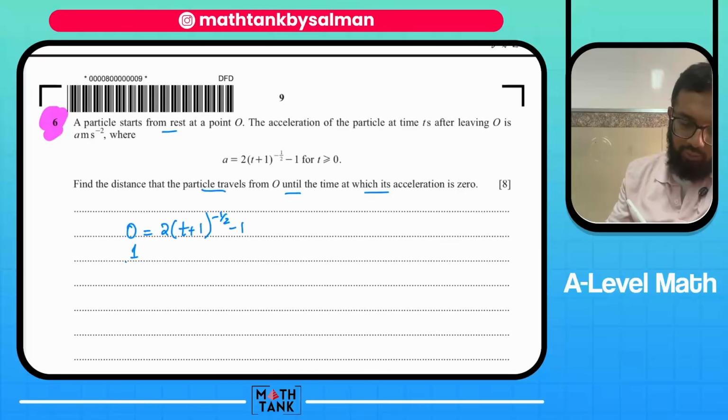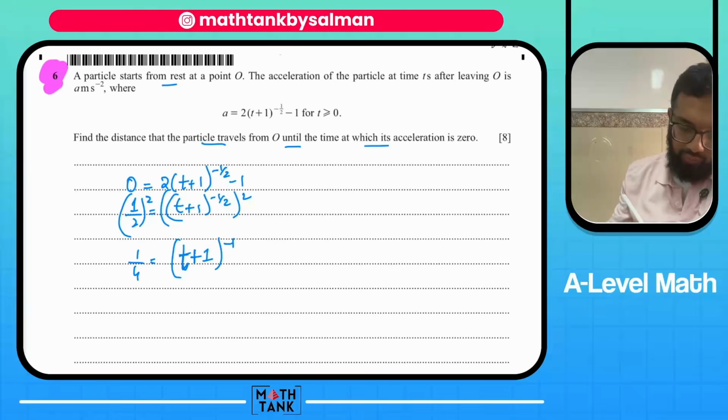So 1 over 2 equals (t plus 1) to the power minus half. You square both sides and you get 1 over 4 equals (t plus 1) to the power minus 1, so 1 over t plus 1 equals 1 over 4. t equals 3. Okay.